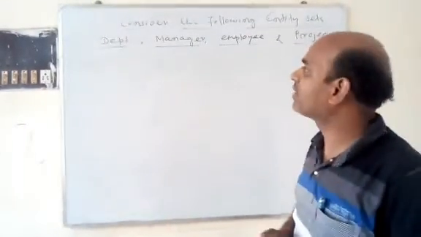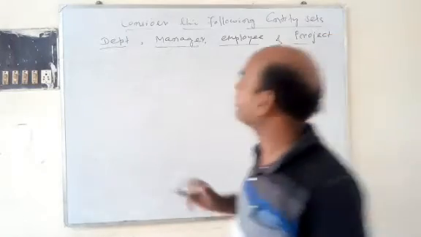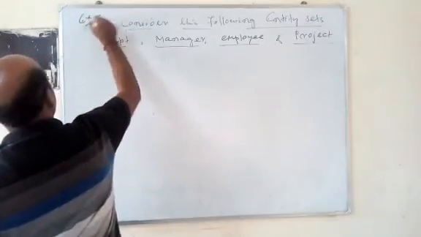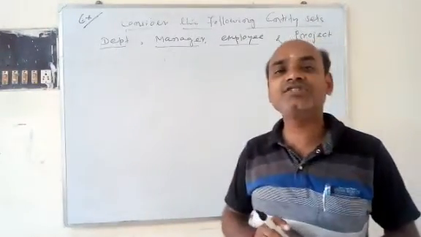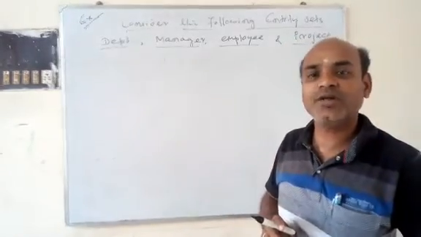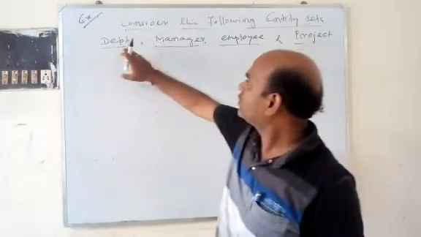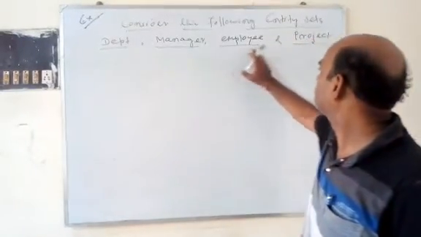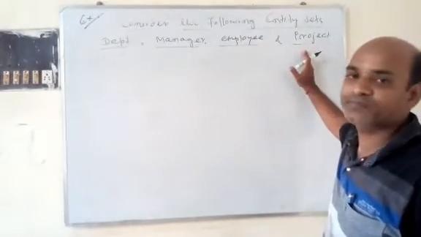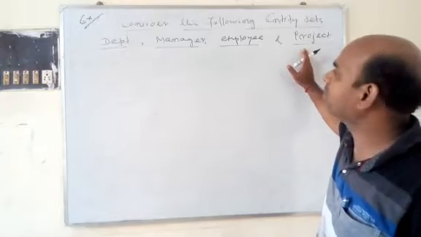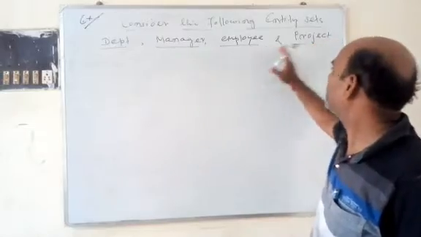Different types of relationship can be explained with this example, which shows different relationships between entity sets. In an organization, we are considering four entity sets: department, manager, employee, and project.